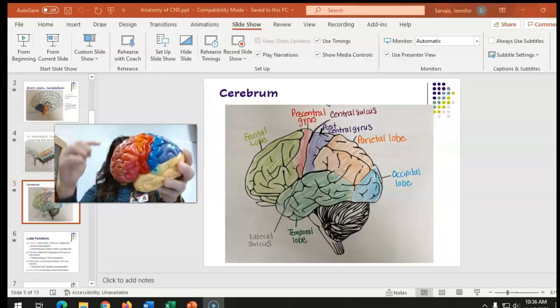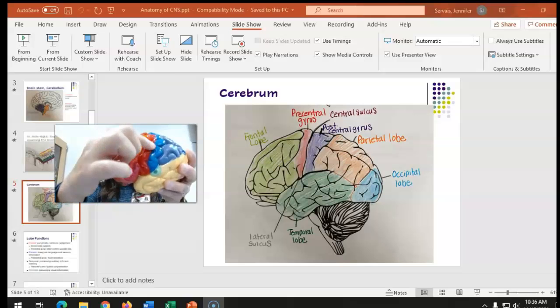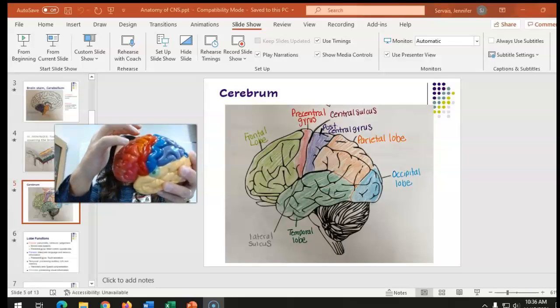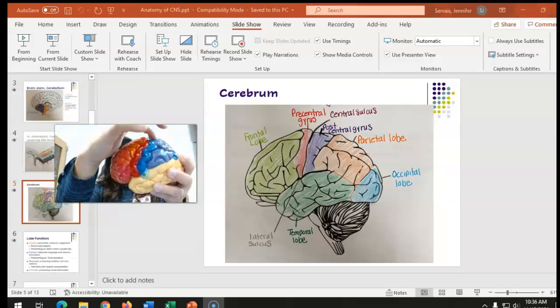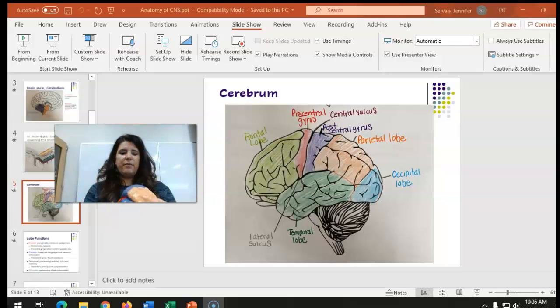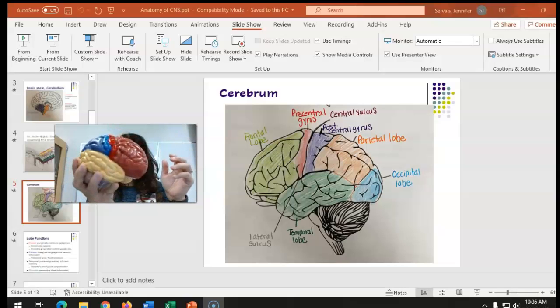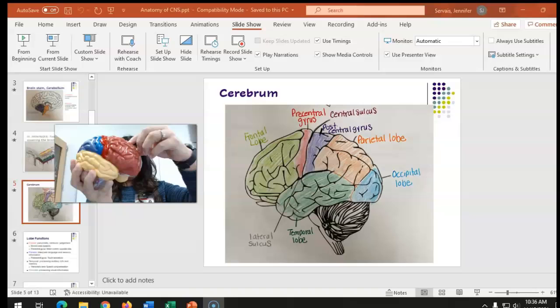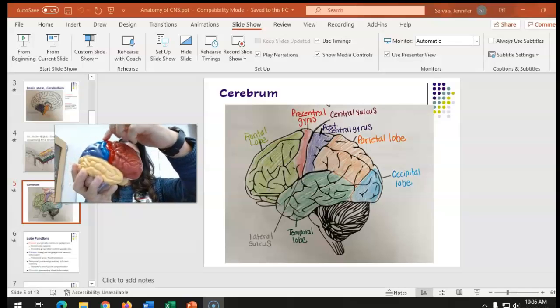You can see here that there are a couple of specialty gyri that exist. This is going to be the precentral gyrus, which would be in red here, and then the postcentral gyrus, which would be in blue. So if we were actually flipping this around so it matched your diagram, here's the frontal lobe, okay? Here's the precentral gyrus.